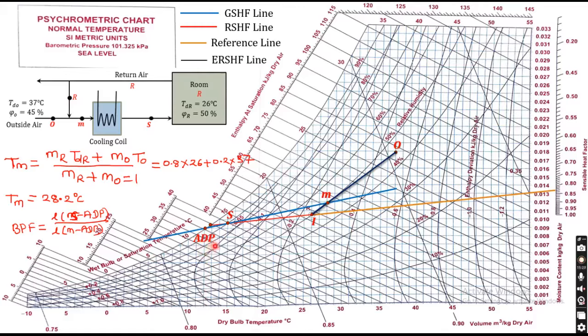Okay, so let me write those values. The ADP is 12.2 degrees Celsius, and the supply condition S has supply temperature TS of 15 degrees Celsius.